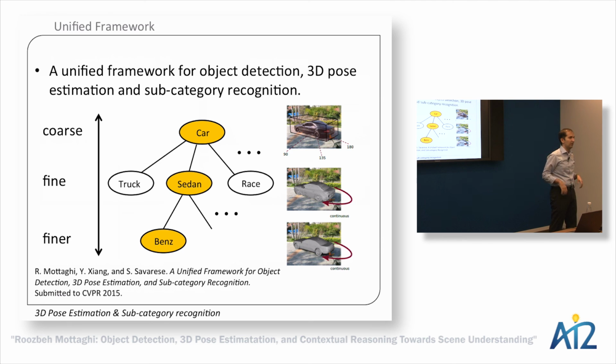Let me rephrase my question. Side views of cars will look much more similar to each other compared to side views of trucks or side views of bicycles. Could you do the same 3D pose estimation at the category level rather than just the subcategory? Yes, we can do that at the category level too, but there is too much variation in the category level.